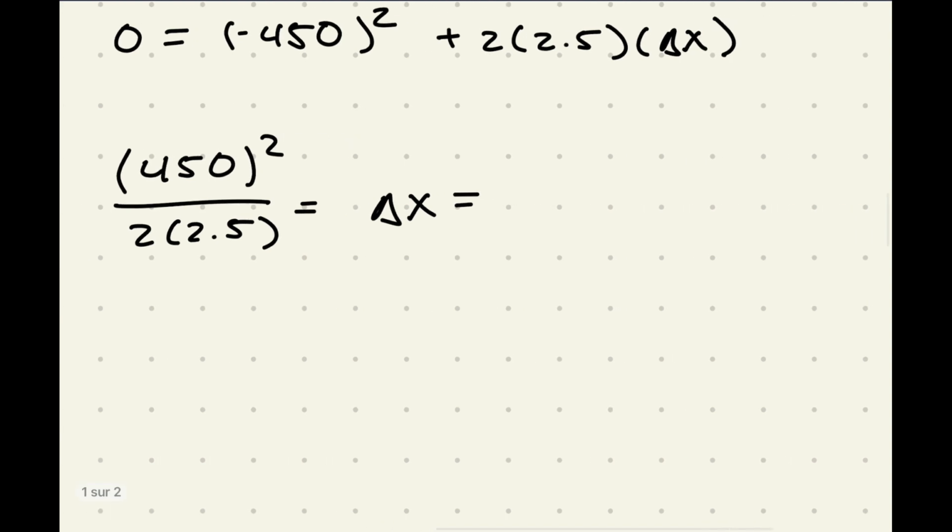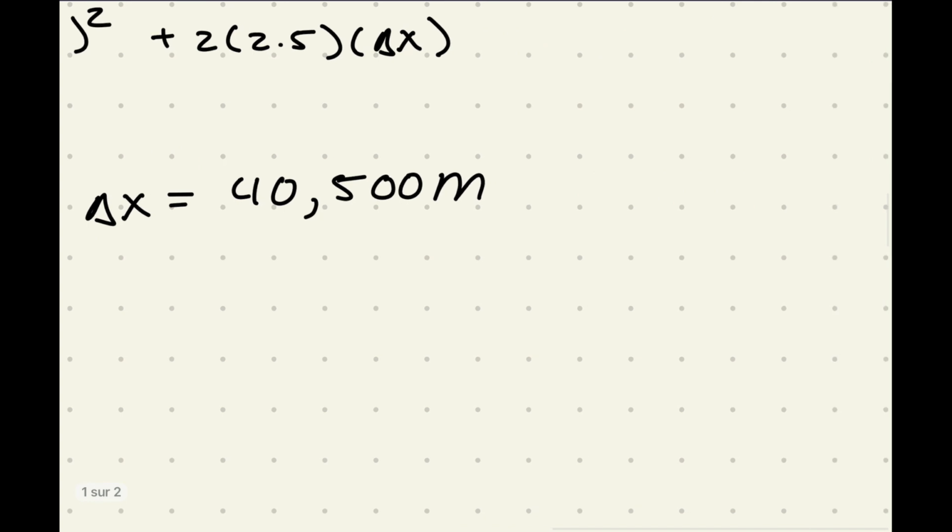If you put this in a calculator, it gives you 40,500 meters, which is the same thing as saying 40.50 kilometers.